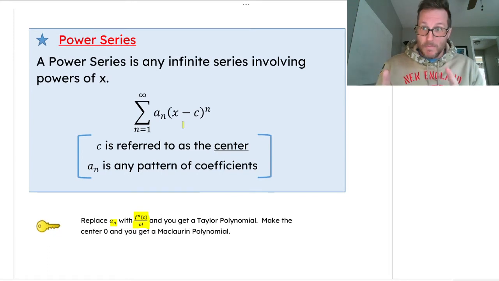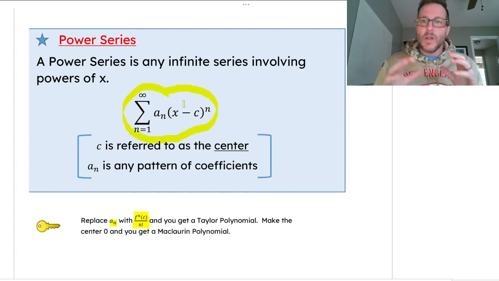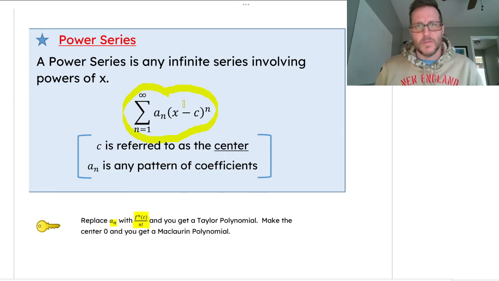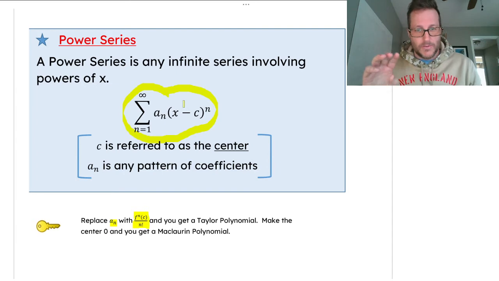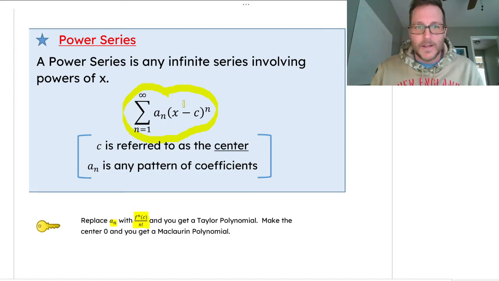Now, what we got to remember is that this is still an infinite series. Check that, that's an infinite series. So we talked about when infinite series converge. We talked about tests like the nth term test and the ratio test and comparison tests and alternating series tests. There's all kinds of tests to show that a certain series converges.